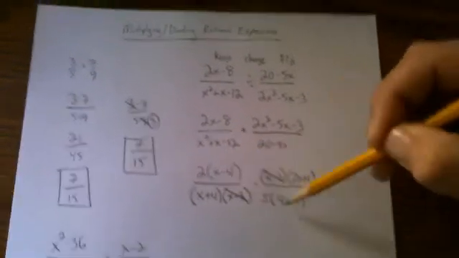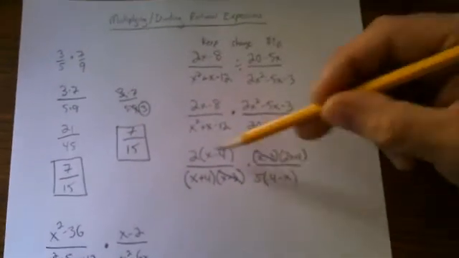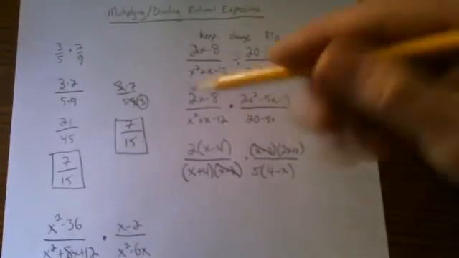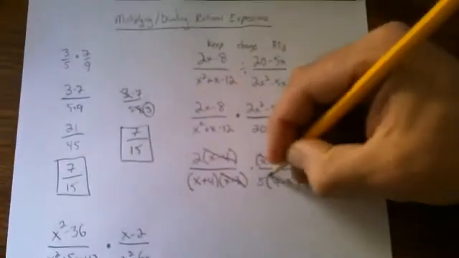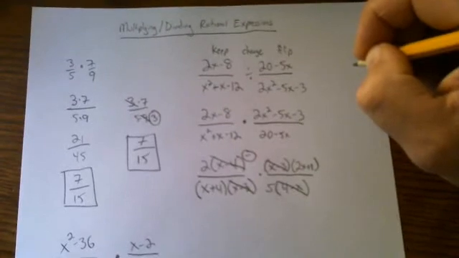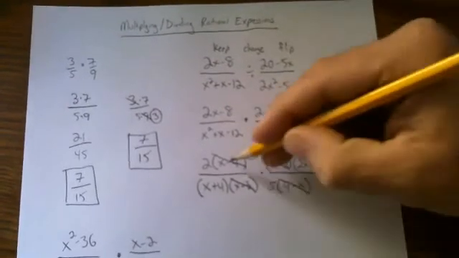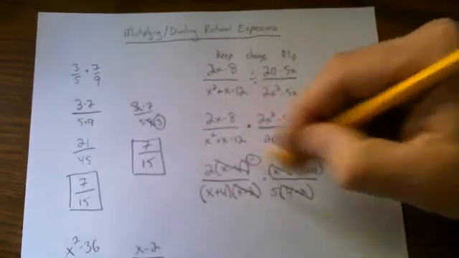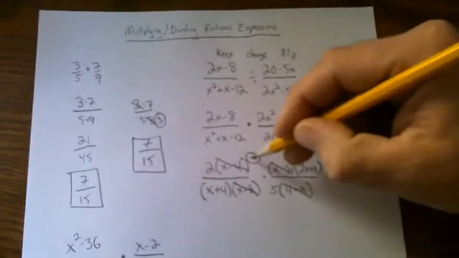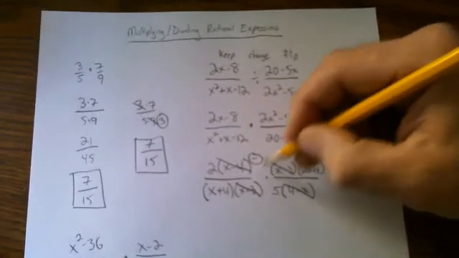I cannot change the order without changing the difference. So these are not identical terms, but they can cancel to become a negative. So when subtraction is flipped, make one of them a negative when you cross them out. Either the numerator or the denominator, but not both. Just put one negative there.